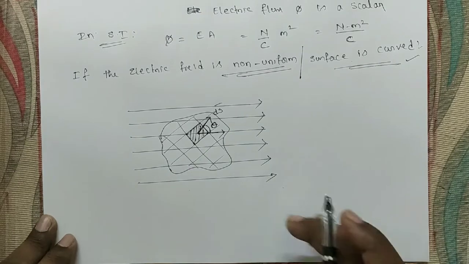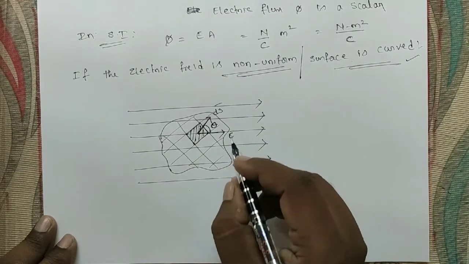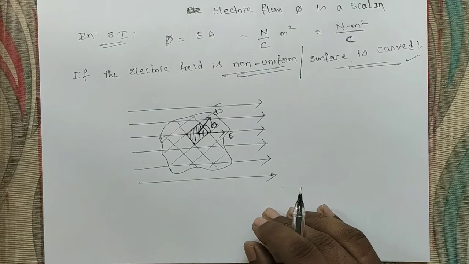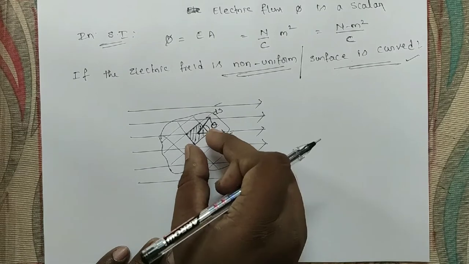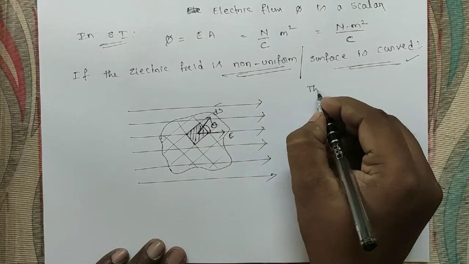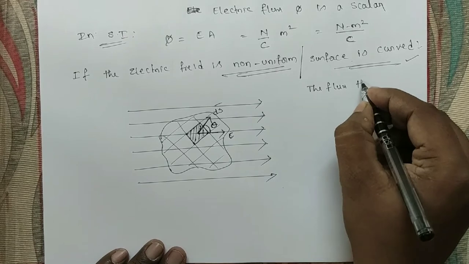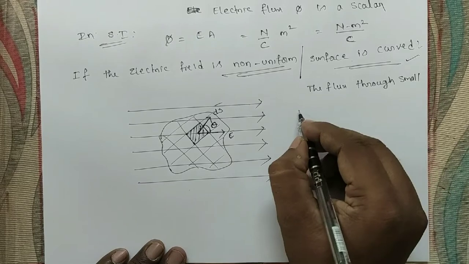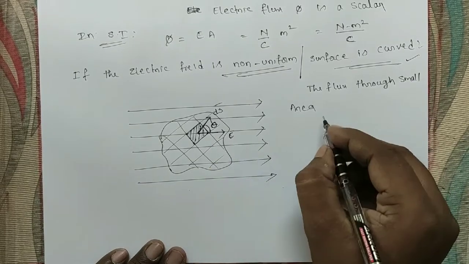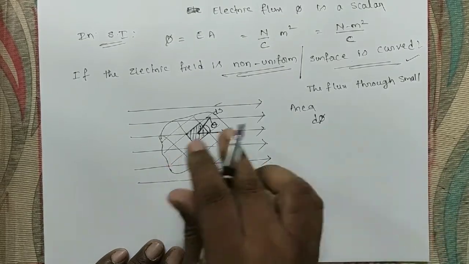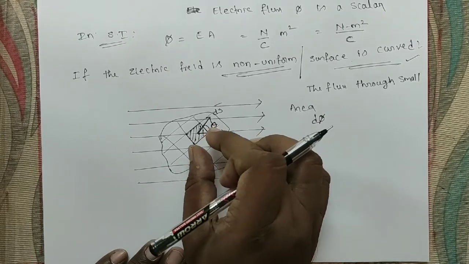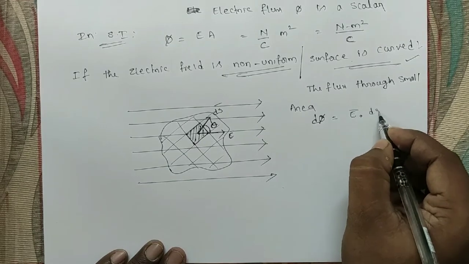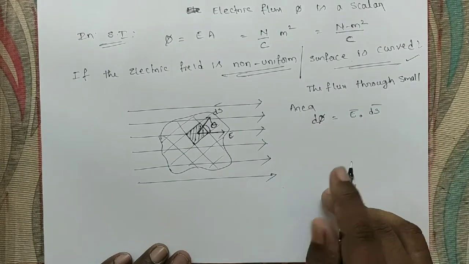Flux is the scalar product of electric field intensity and area vector. So the flux through the small area is d phi equal to E bar dot ds bar. It is not the complete flux, only a small part of it.